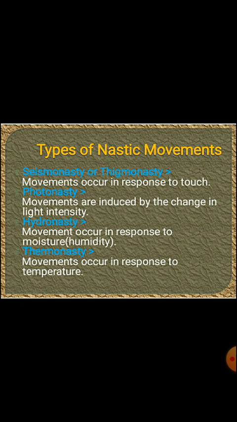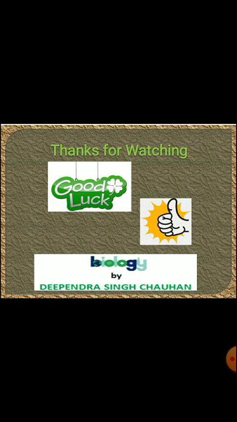When the availability of water in grass is very reduced, then the leaves of grass fold. Our last nastic movement is thermonasty. Thermo means response to temperature, means movement occurs in response to temperature in plants. Clear? So all these types of movement are known as nastic movements.